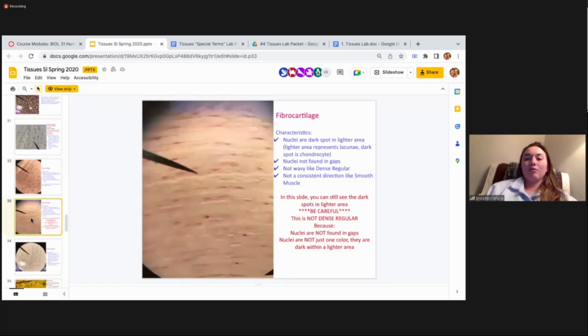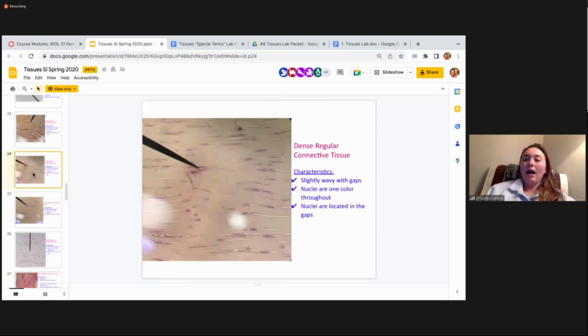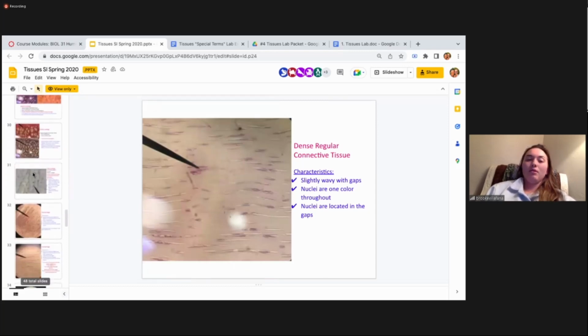Here's another example of fibrocartilage. You guys can see that there are gaps, but the nuclei are not in the gaps for fibrocartilage. Versus our dense regular, we have gaps and the nuclei are in the gaps.